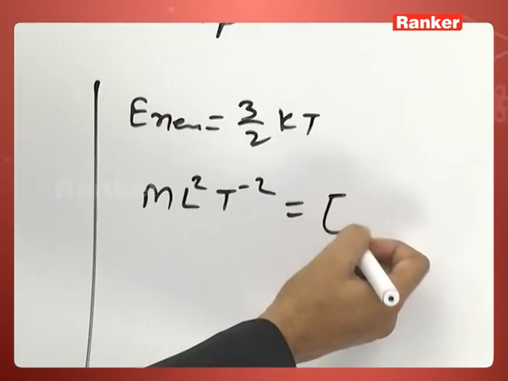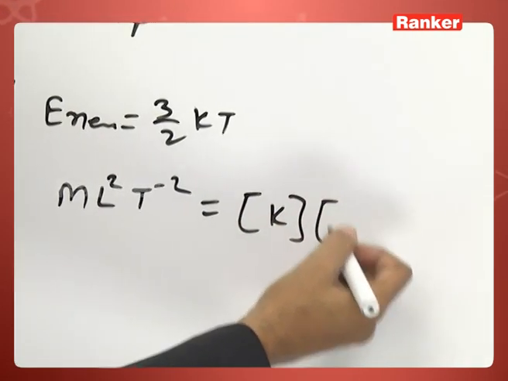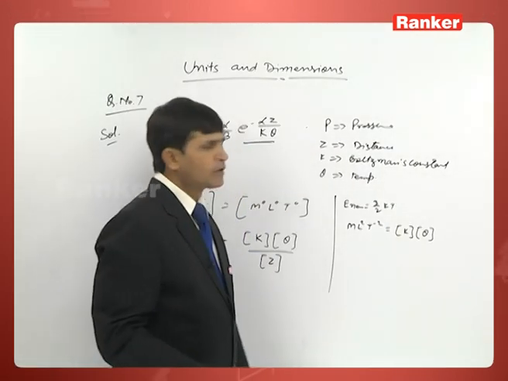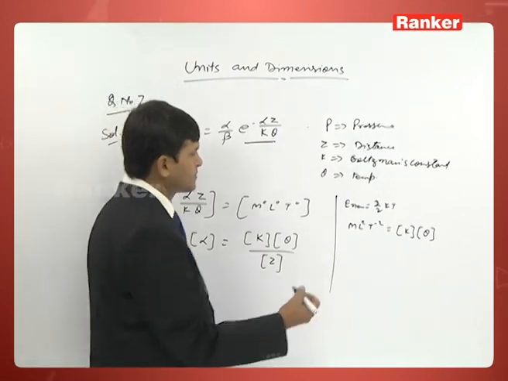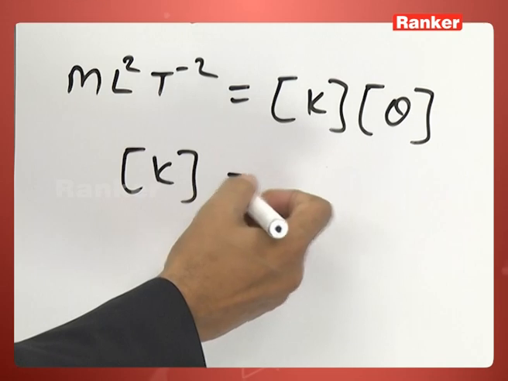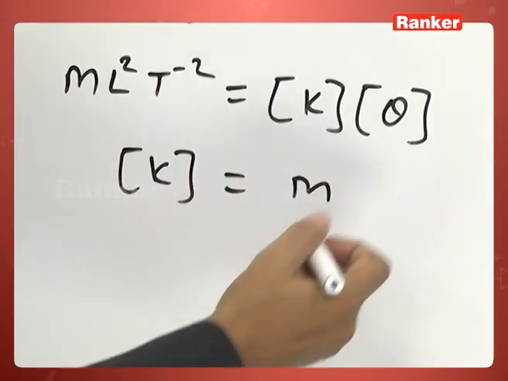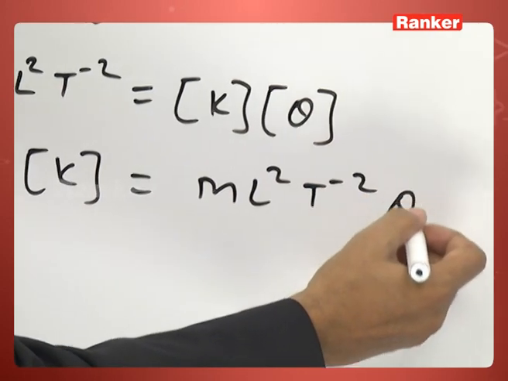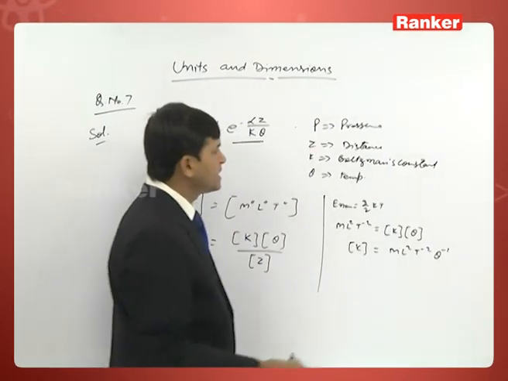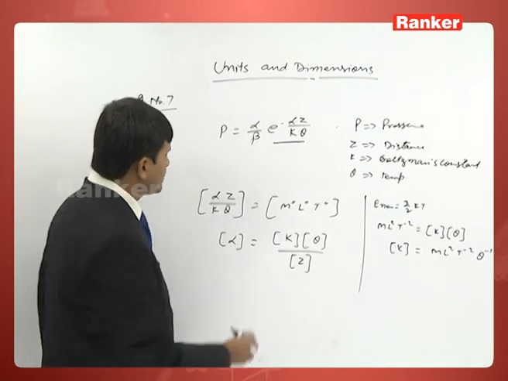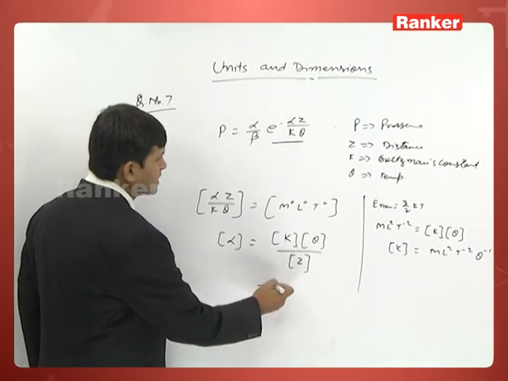T is the temperature, so that will be the dimension of theta. So the dimension of k is written as M L square T minus 2 theta minus 1. This is the dimension of k, that we can substitute here.